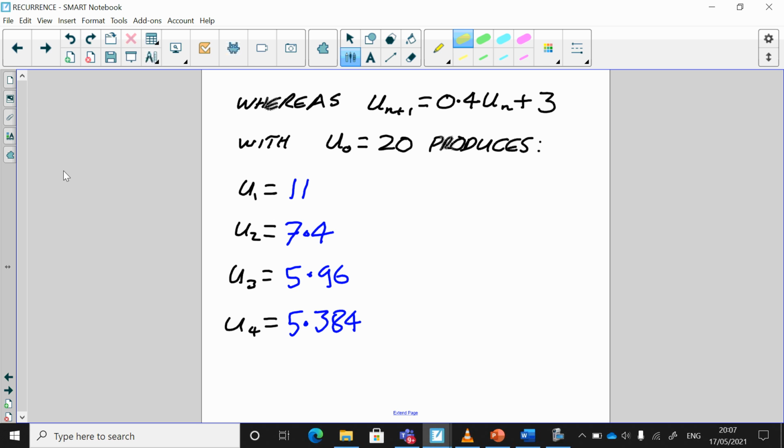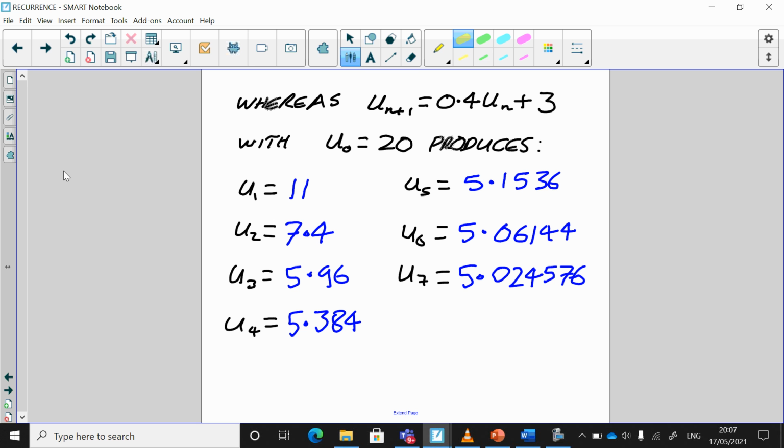Take that number, put it into your formula and get an answer: 5.1536. Take that, put it in the formula, get another answer: 5.06144. Again, take that into the formula, get an answer. Take that, put it in the formula, get an answer.